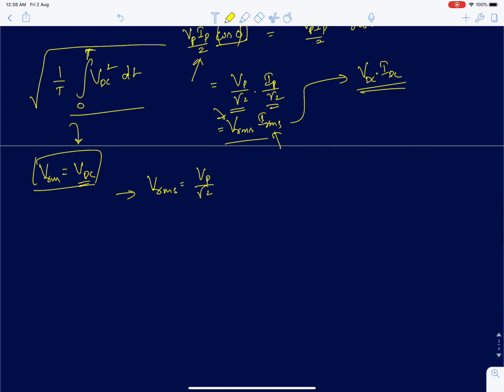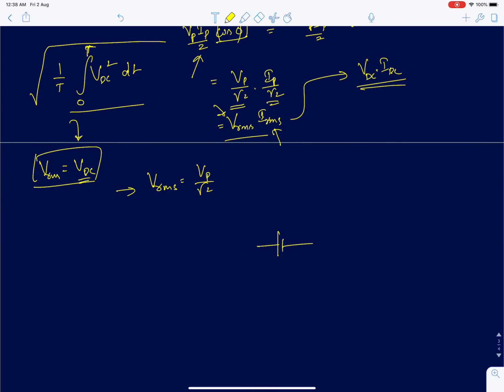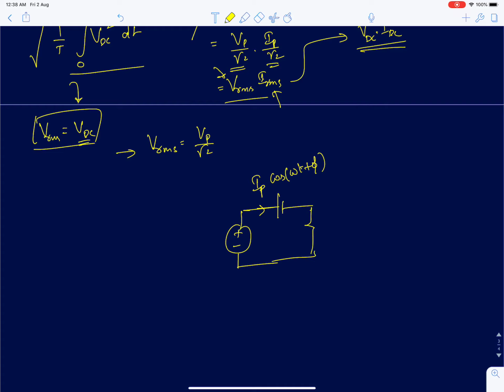For a diode, since we are going to model it as a constant voltage source, even though there is a sinusoidal AC current, Ip cos(omega t plus phi), flowing across the diode, if I compute the power, that is the product of this voltage V gamma and the current, so V gamma into Ip cos(omega t plus phi).